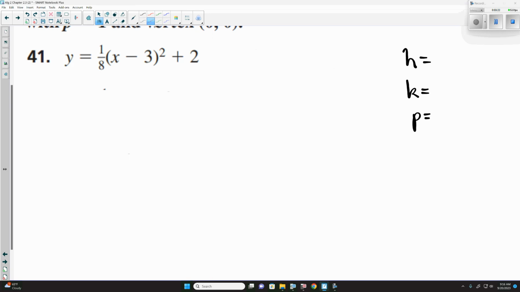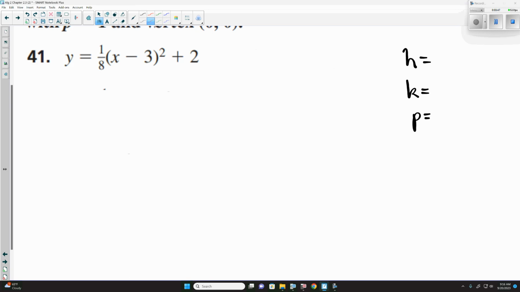Now, unlike finding the equation or writing the equation, this one's pretty much going to tell us which one it is. It has one of 2 key characteristics. One, for most of the ones we'll be looking at, the variable by itself is what it's going to line up with. So here we have y equals 1 over 8 times x minus 3 squared plus 2.